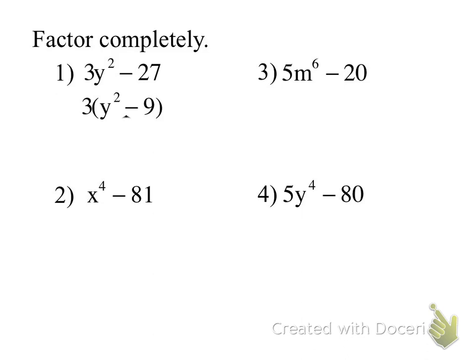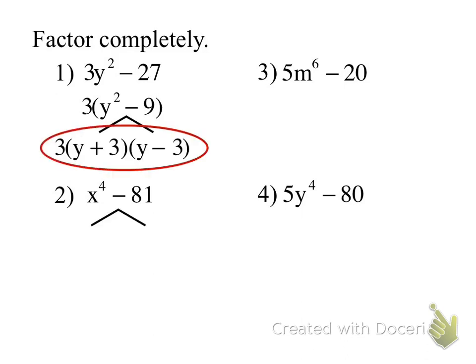Okay, questions? All right, now let's do number 2. First you have to do a difference of squares, so it'd be x squared minus 9 times x squared plus 9. Good.